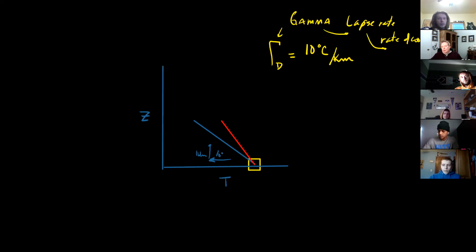So there it is. What I'm saying is I'm lifting the parcel up to this point, and there's the temperature of the parcel at this height. Everybody, pretend that you took the box and lifted it up there.